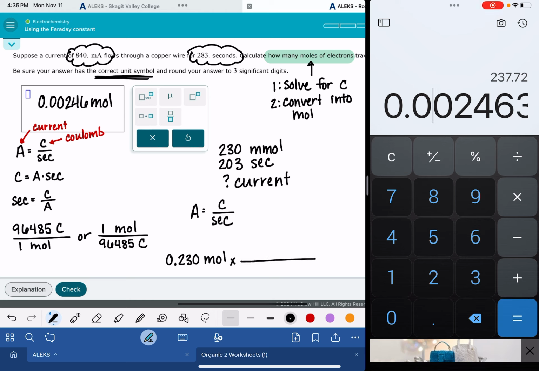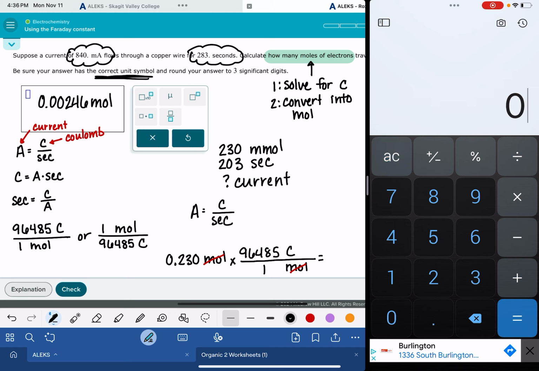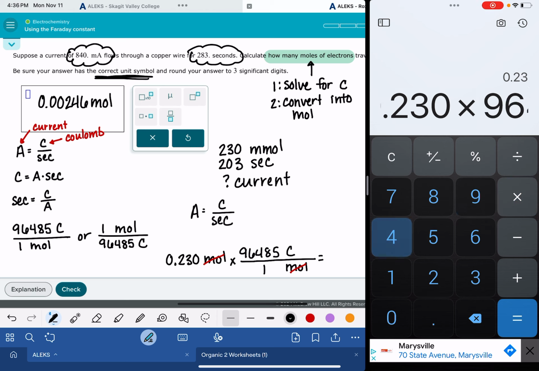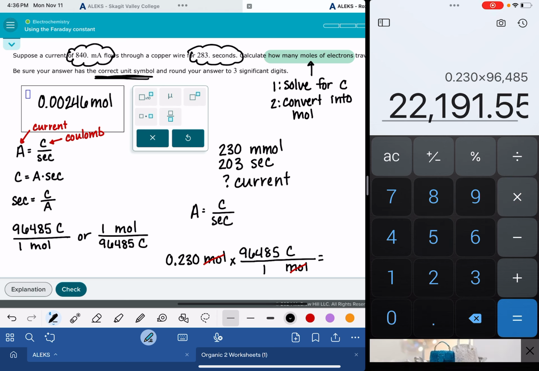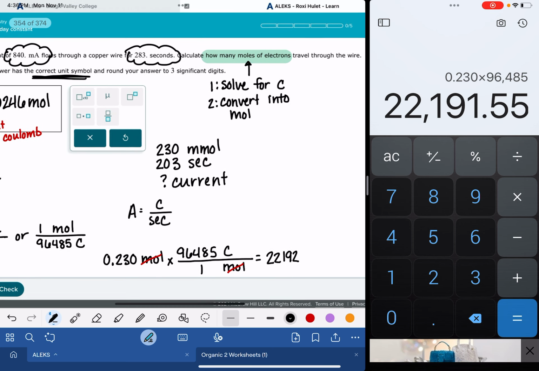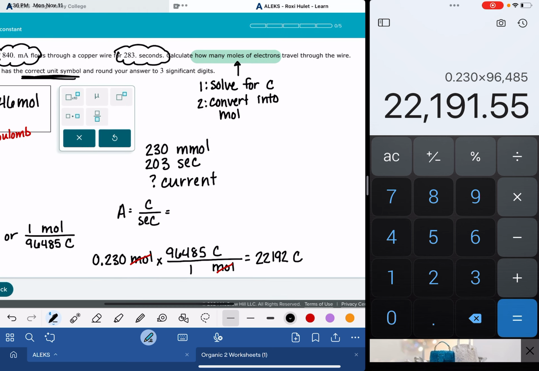This time I want the mole unit on the bottom and coulombs on the top, so I'm going to use this version of Faraday's constant, 96,485 coulombs per mole, so that my mole units cancel. That is 0.230 times 96,485, which is 22,192 coulombs.